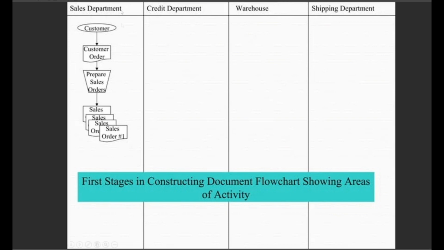And we input those details, we prepare those orders manually in the computer operation to give us the sales order document. So it might be sales order number one and so on. As many customers as possible, you can have many documents. Okay, after preparing a sales order.